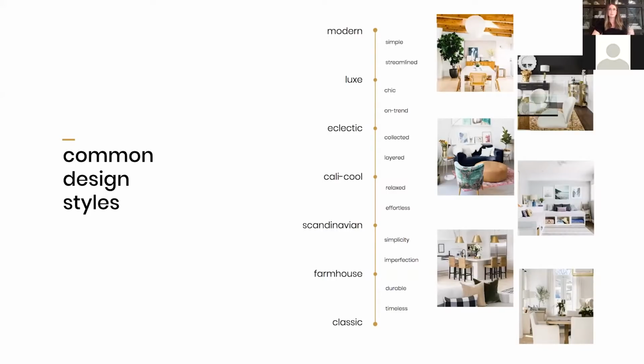So on the spectrum from modern to classic, starting with modern, this style includes clean lines, simple silhouettes, often a simple palette, so black and white, maybe bold pops of color. And I would say this is often paired with another style. So for example, you might be modern farmhouse or modern glam.